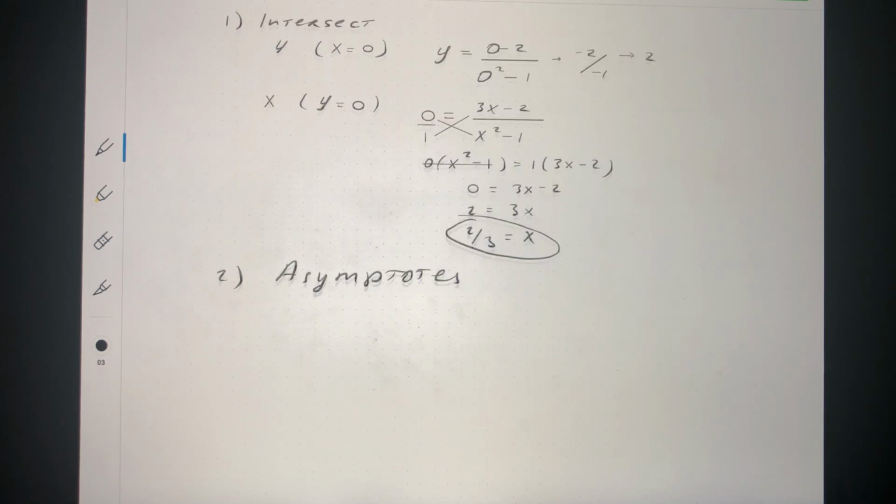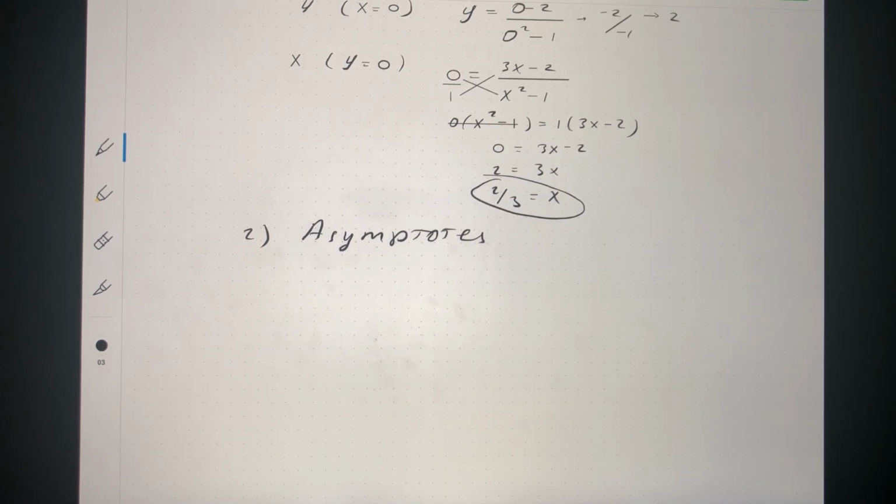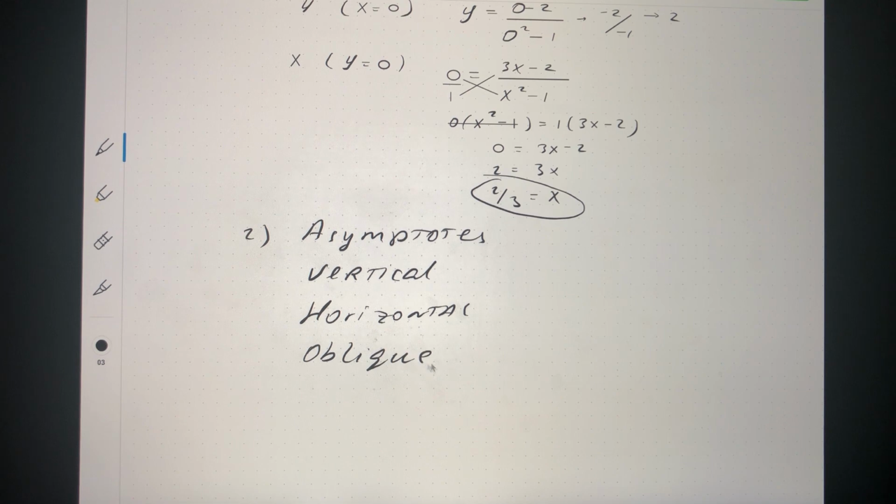There are three types of asymptotes: vertical, horizontal, and oblique, also known as slant. The vertical cannot be crossed. The other two can be, but eventually the graph will get really close to them.